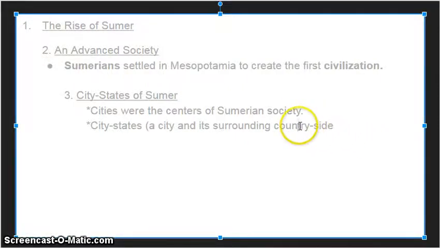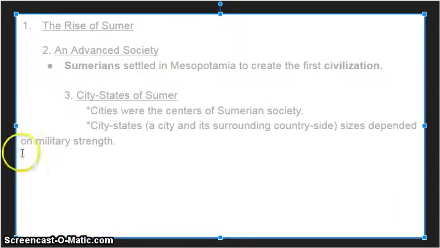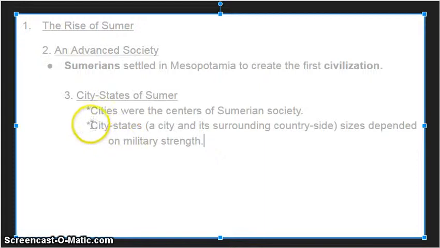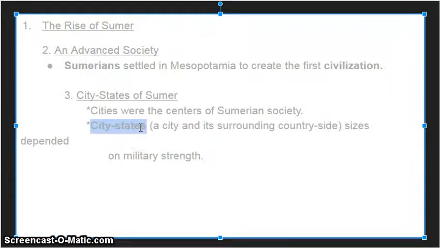So city-states, which is a city and its surrounding countryside. Sizes depended on military strength. And you can see here I've got the two words that I chose.